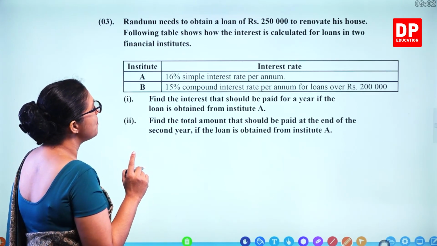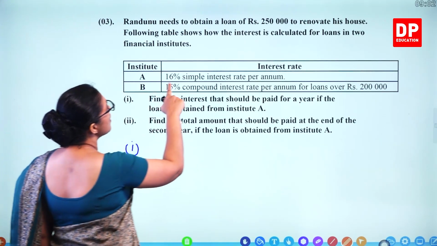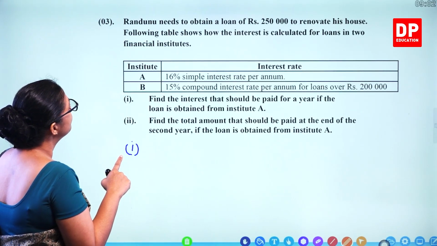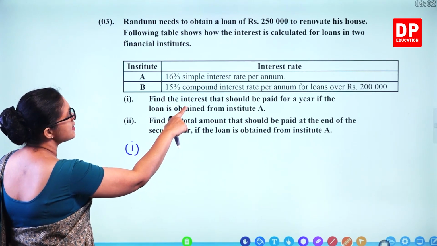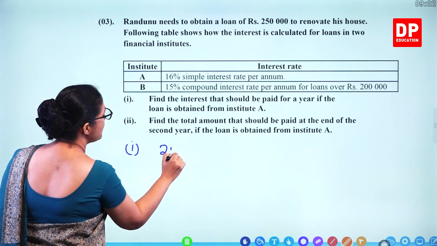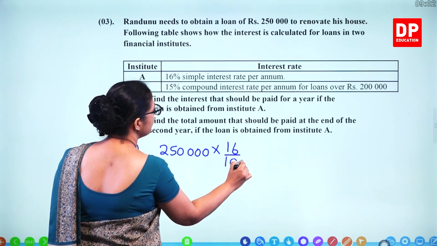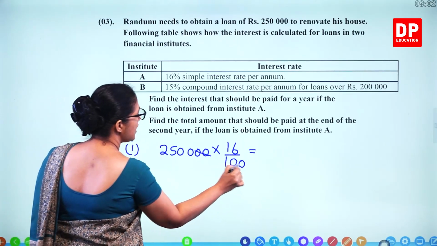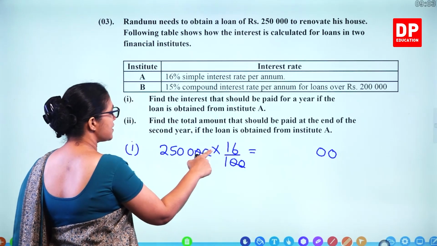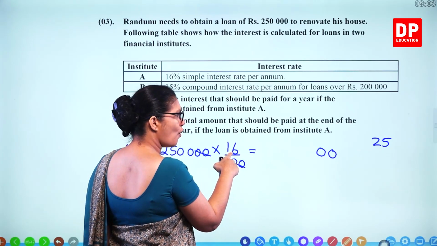Find the interest that should be paid for a year if the loan is obtained from Institute A. Simple interest rate per annum. So 16% of that. So we can say 250,000 into 16%. So 2 zeros get cancelled out and you have to put 2 zeros, and 25 times 16. Here 16 I can do as 4 times 4.